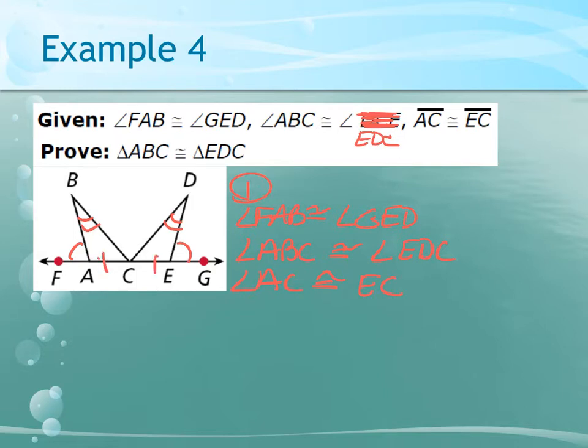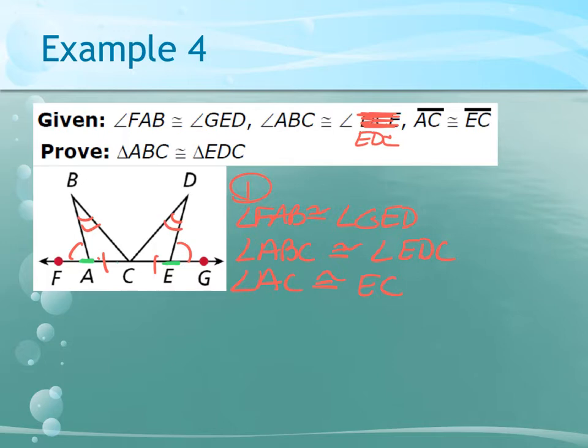Here and here. So now, I'm going to do the same thing I did in the other one. Notice I have a linear pair here. Over here. So now I'm going to establish that the two pieces, do the angle addition, show that they equal 180, do a substitution, another substitution, and then I can show that they're congruent.